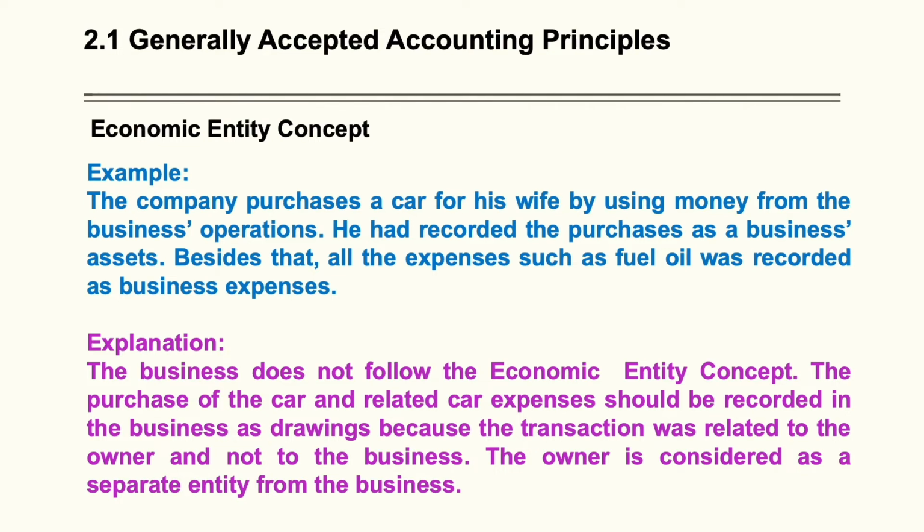Based on this economic entity concept, the business is not supposed to record it as an asset, because this does not follow the economic entity concept. The purchase of the car and all the related car expenses should be recorded in the business as drawings, because the transaction was related to the owner and not to the business. The owner is considered a separate entity from the business.